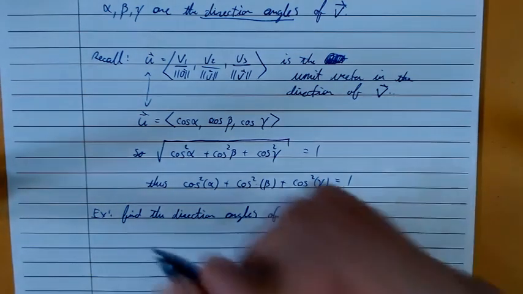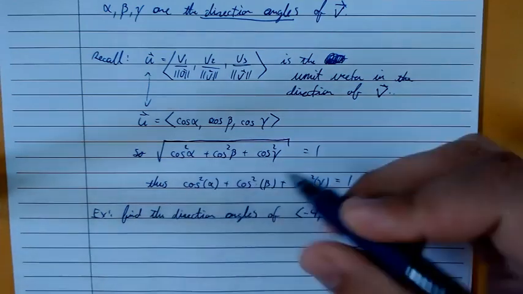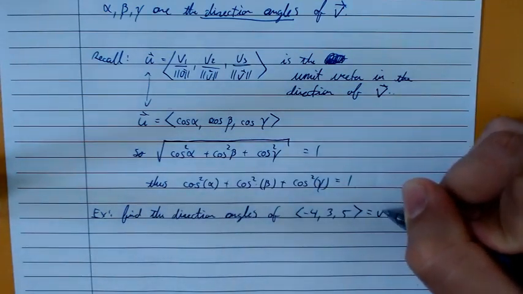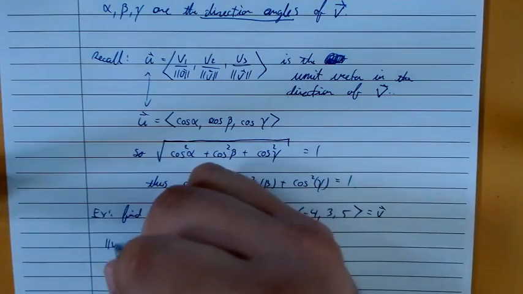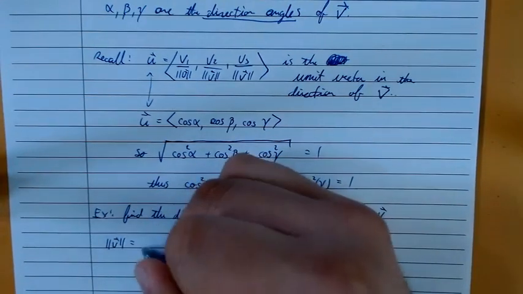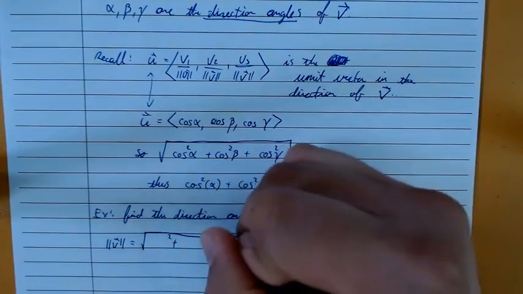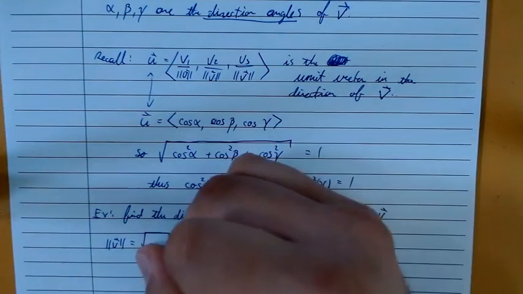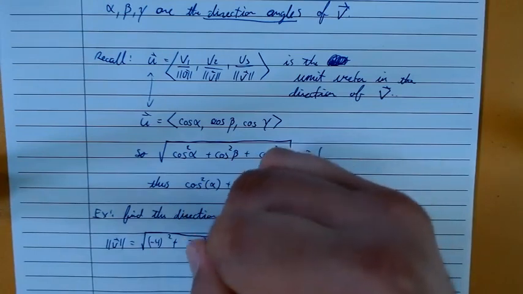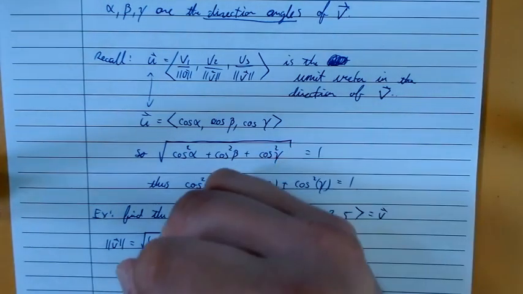All right, so let's take a look. First of all, if that's the vector, let's call that V. Then what I want to do is find the magnitude of V. I know the magnitude of a vector is the square root of the sum of the squares of the components. And those components are -4, 3, and 5.